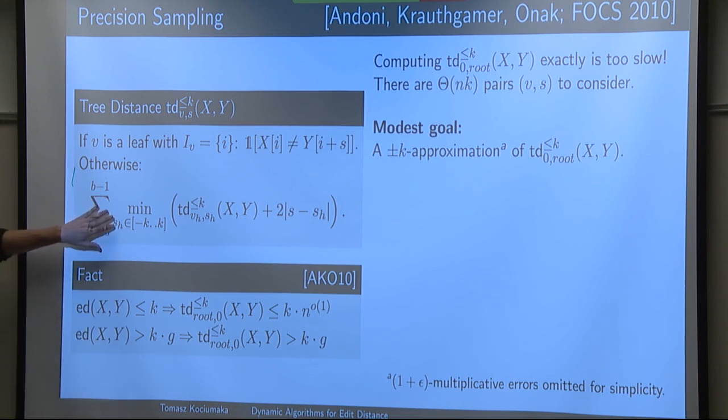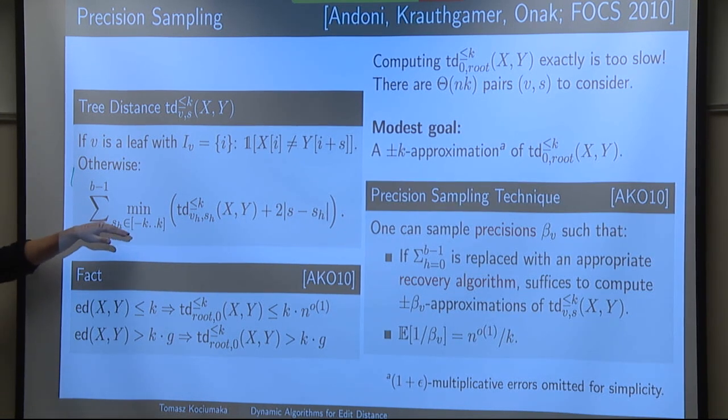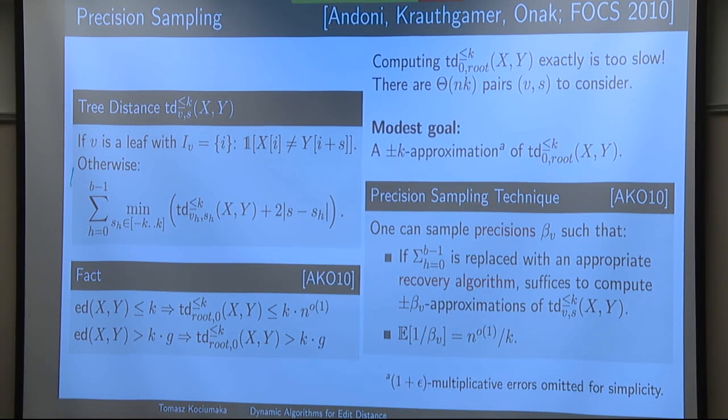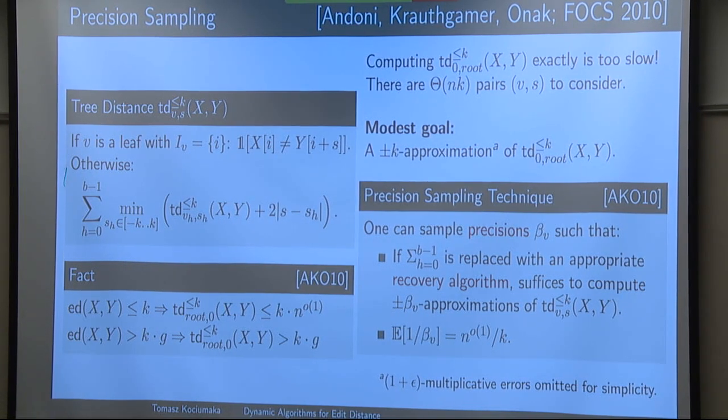And since this tree distance is expressed as a summation of tree distances from the children, naively, the additive approximation would just add up between all the children. But the main technical contribution is that there is some way of replacing this summation with a more complex algorithm, so that the additive approximation within each child can be fairly large.